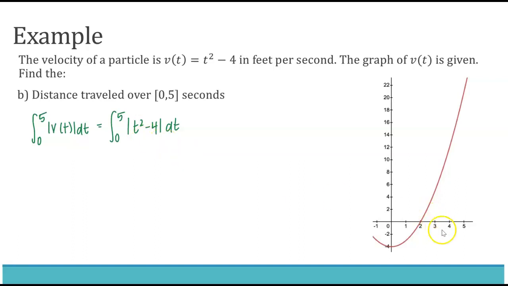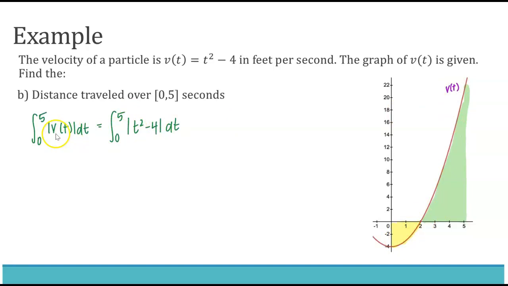Let's take a look graphically at what we need to do so that we can understand why that doesn't work, and then the setup for what we actually do need to do. So back over here, I'm going to put those shaded regions from before back up. When we did displacement, we had the area that was below the x-axis, which was negative, plus the area that was above the x-axis, which is positive, and we added them together.